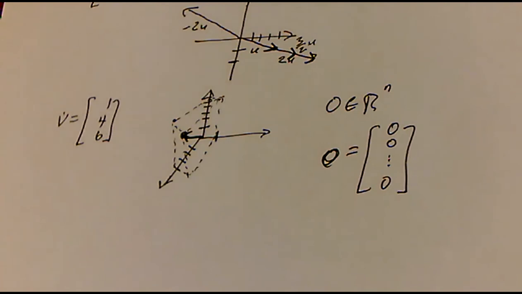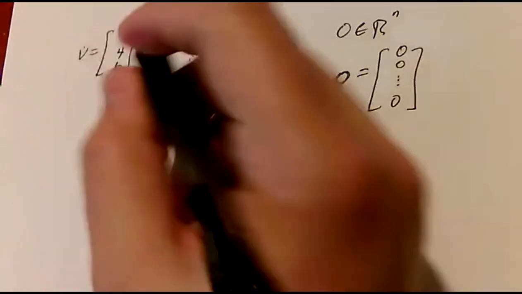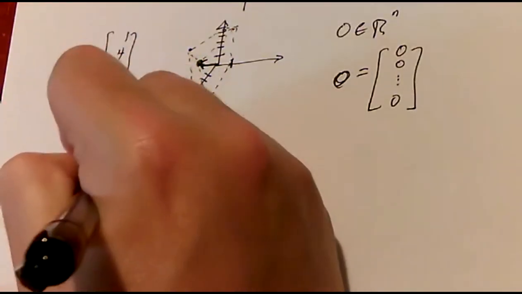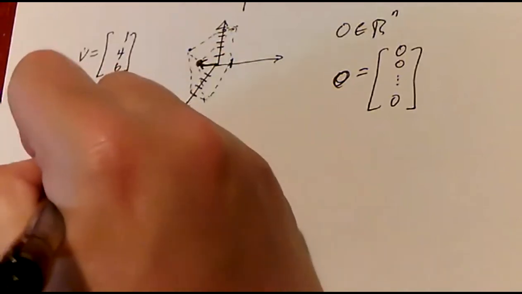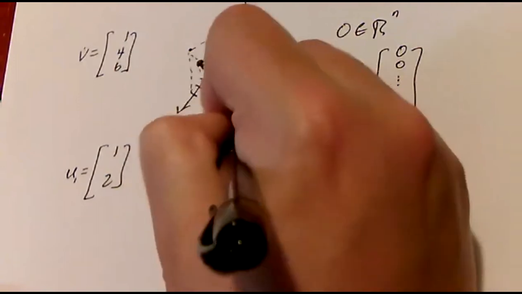Geometrically then, like I said, if we have R2 and I've got vectors, one vector just gives me a line. But let's say my two vectors are (1, 2), which we'll call u1, and then my second vector u2, which will be (2, 4).